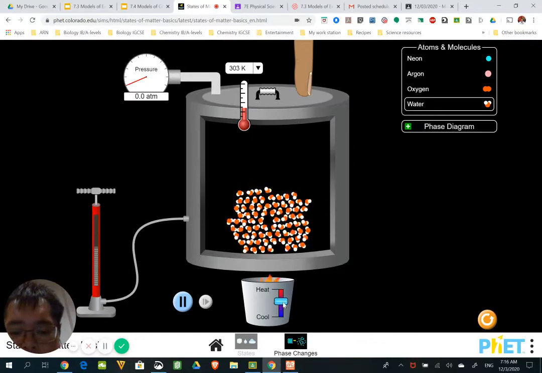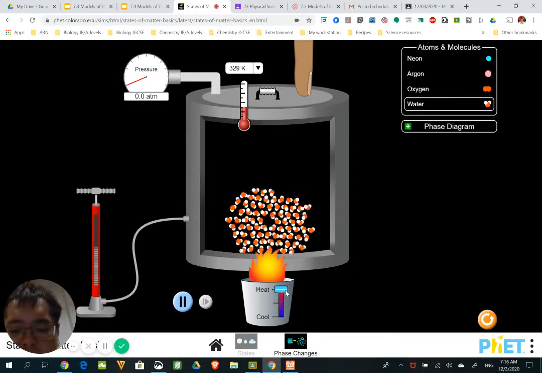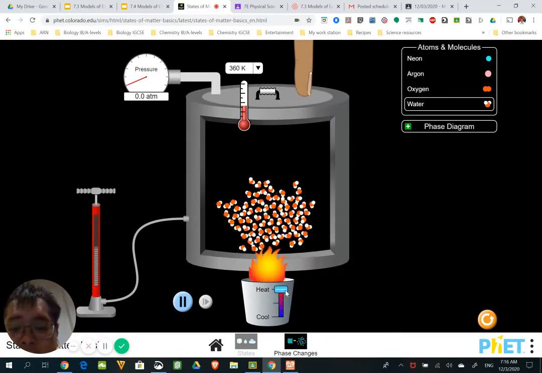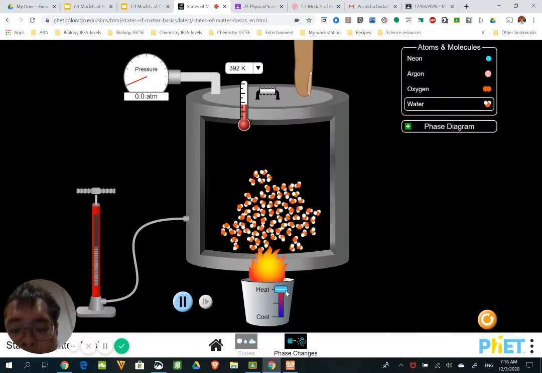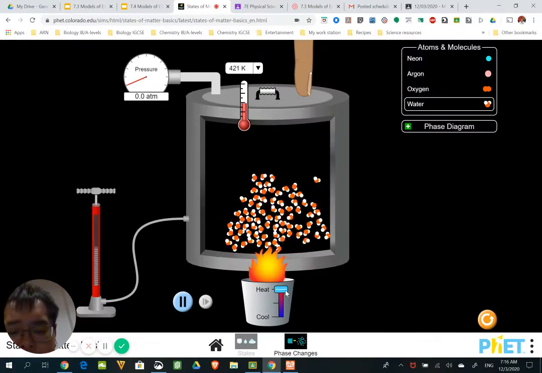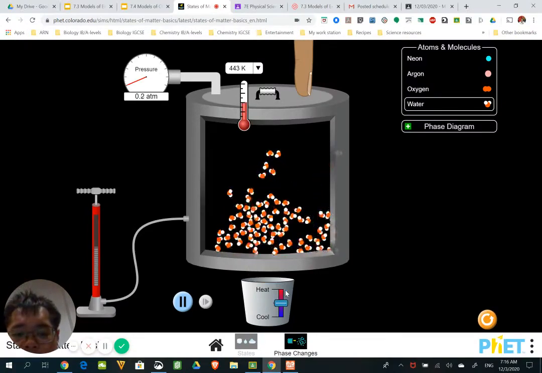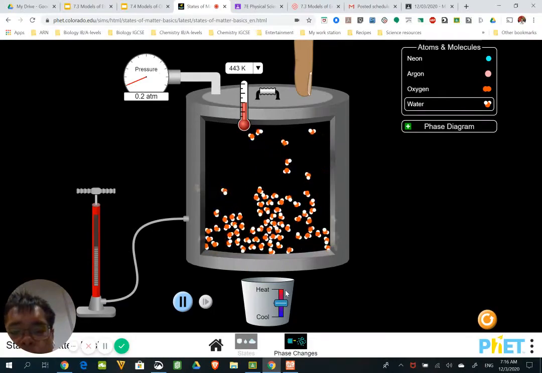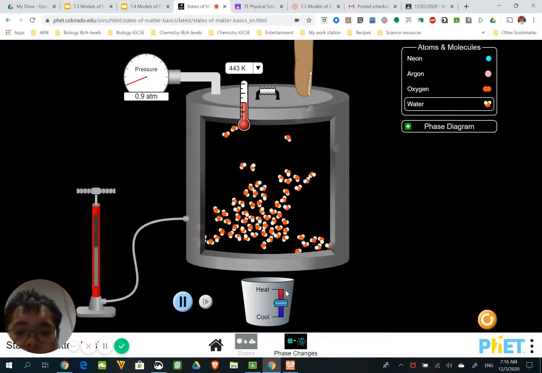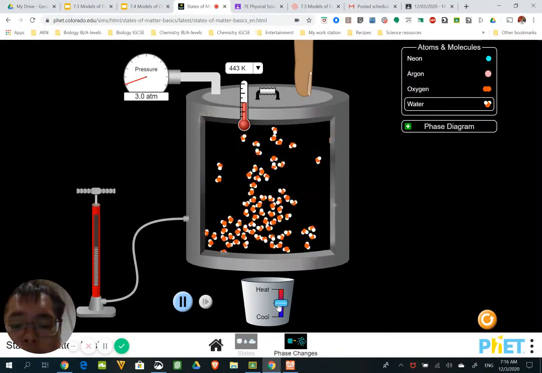But as soon as we increase a little bit more, notice that it is gaining more and more energy, it's getting more heat, it's vibrating, it's moving a bit more randomly, and you can see that it is going all over the place. Okay, so please do play around with it.